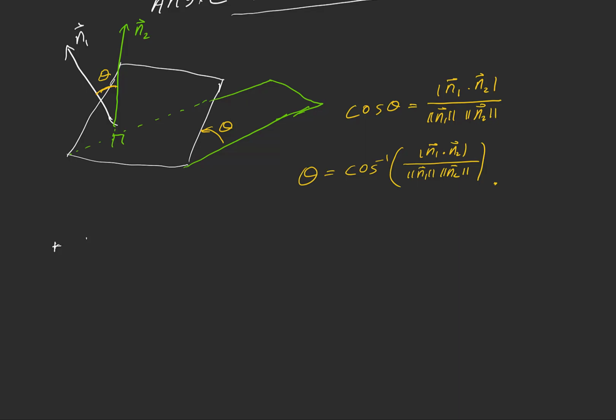So two planes are perpendicular when n1 dot n2 equals 0.